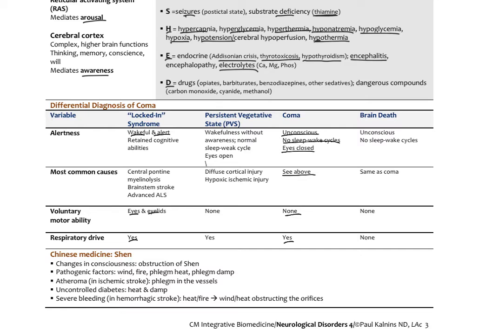And I talked about that one before, and that's called central pontine myelinosis. That can also happen from a brainstem stroke or advanced ALS. This is what's called locked-in syndrome. So the person is fully conscious, fully alert, they have full sensation, but they have lost motor activity to most of their body.